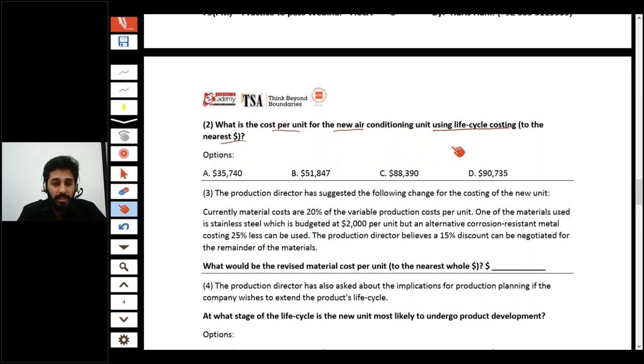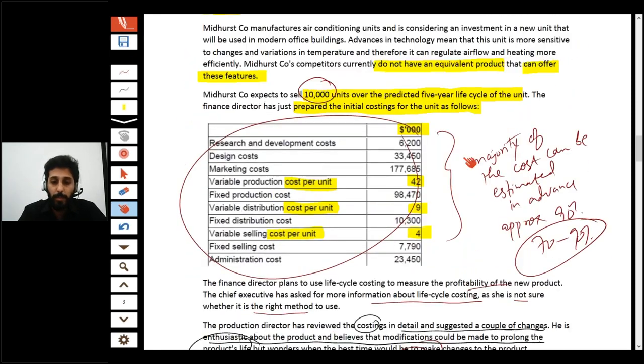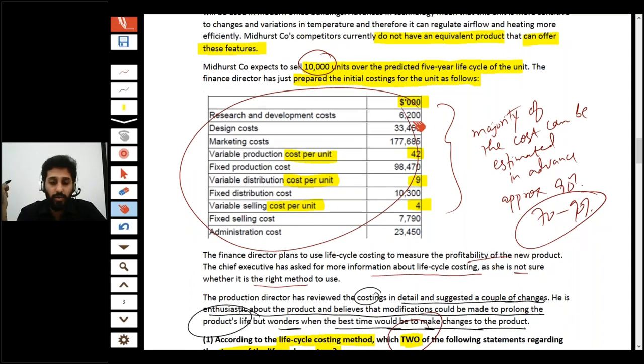Remember, just click the picture, or you have the handout on your mobile phone or laptop. These are the costs, but this is the per unit cost. I will be using a different color for per unit cost, right? So you need to calculate it accordingly. I have already written down these costs so that I can solve it.